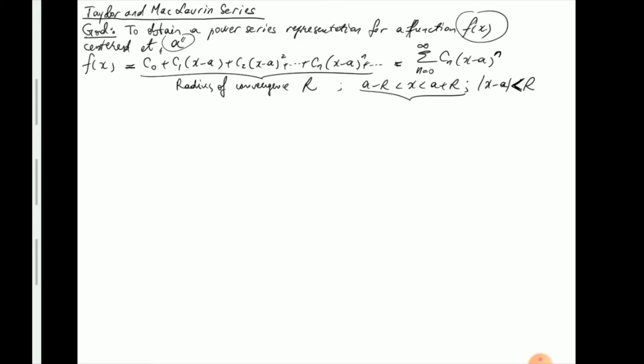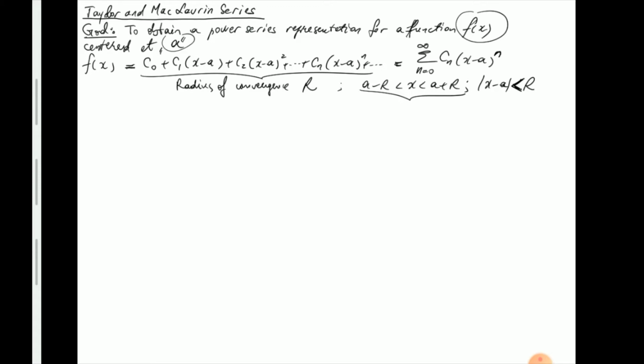Because some series will have a much smaller radius of convergence. For sure, it will converge at a. I mean, that's the trivial case if you think about it, right? That's going to be a constant if you replace x with a. And usually it is going to be convergent for some interval around a. That interval, again, how large it is depends on that radius of convergence.